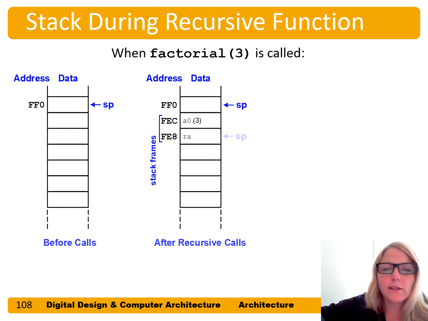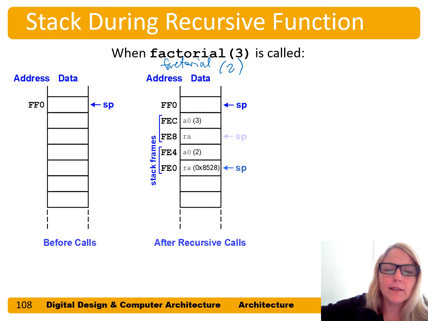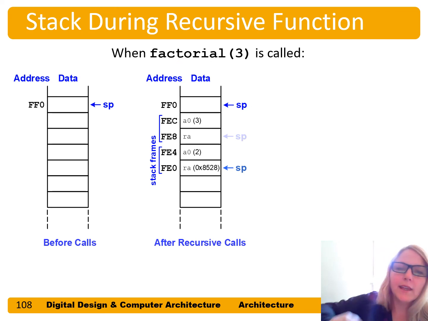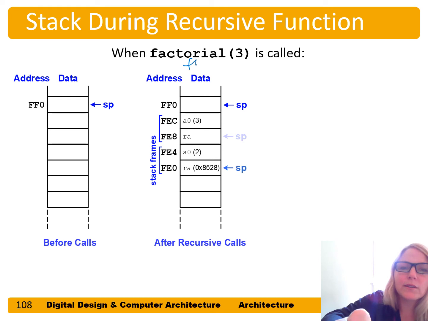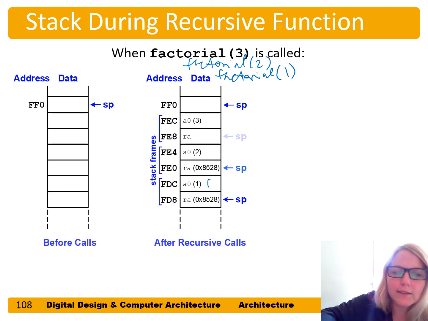Then it calls factorial again, but now with factorial of n minus 1, which is 2. That factorial function does the same thing, stores n, which is now 2, and now we know what RA is. It's hex 8528 because it was called within that factorial function. Then factorial of 2 is going to make another recursive call to factorial of 1, which decrements the stack, puts n on the stack, and RA.